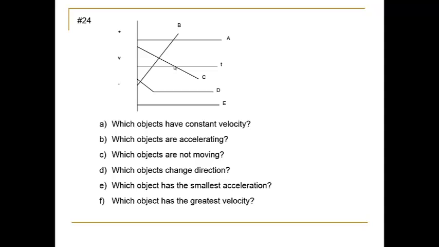For part E, you're looking at which one has the smallest acceleration. So you're looking for which one has the least or the least steep slope.